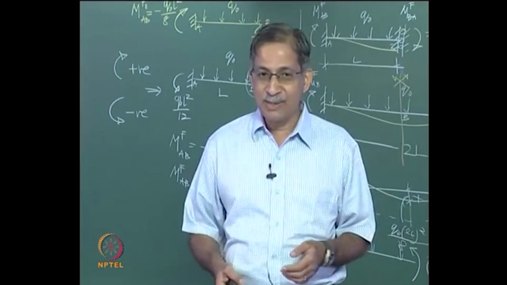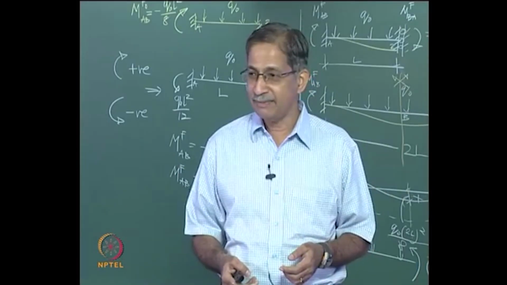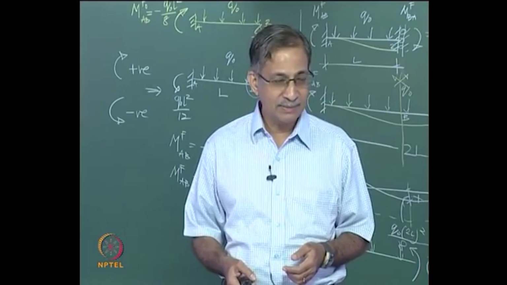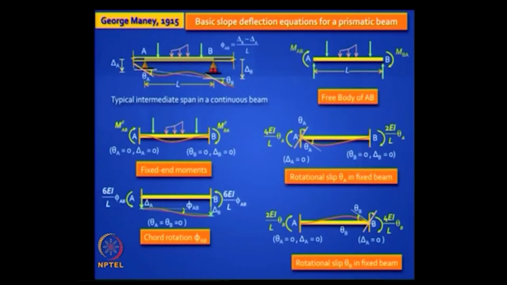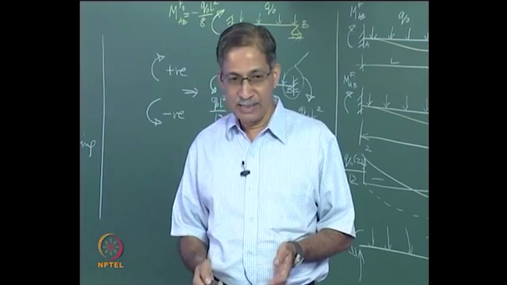Now can you write down equations for MAB and MBA? What will they look like from these 4 pictures? If you add up these 4 pictures, you get back the original picture both in terms of the force field and the displacement field. So won't they look like this?